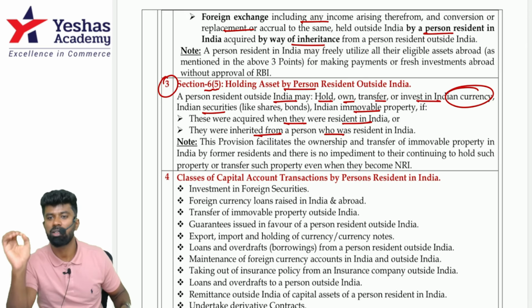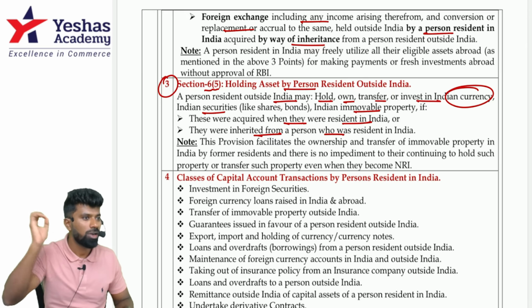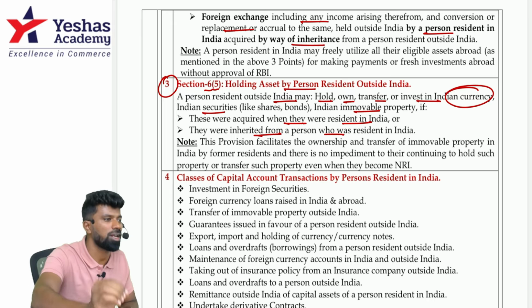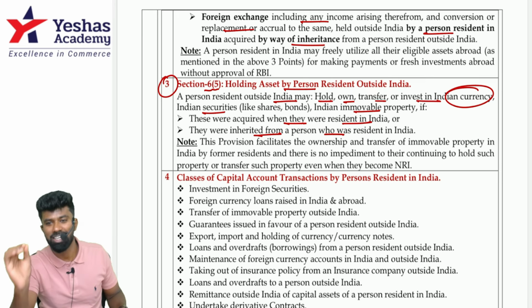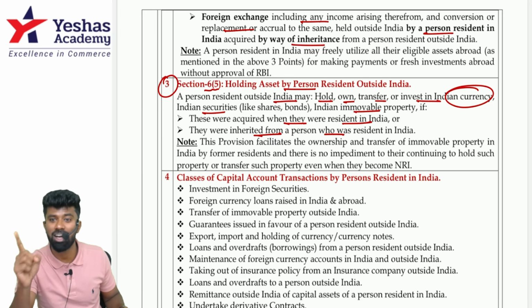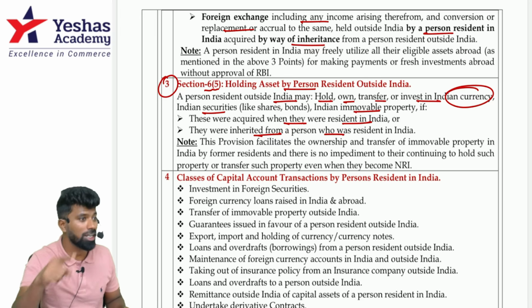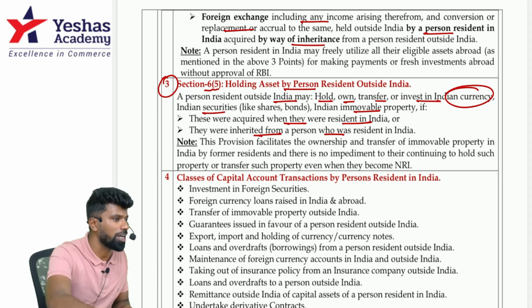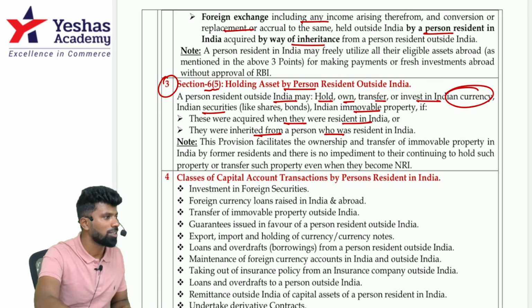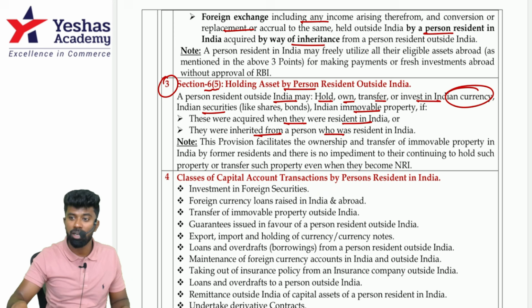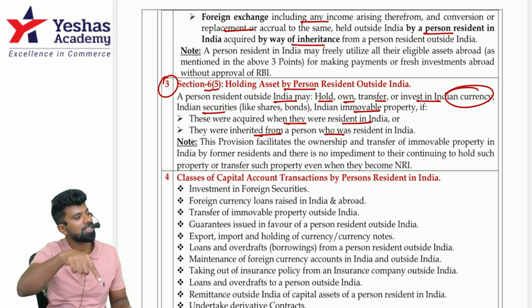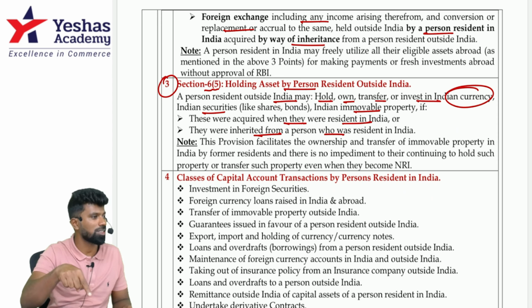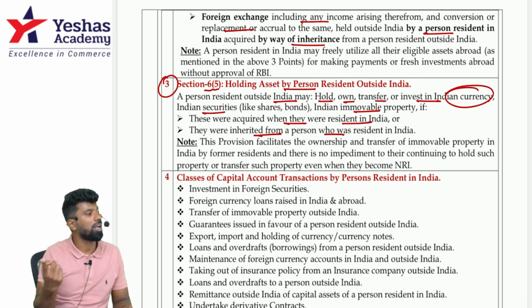What transaction? Capital account transaction. What is capital account transaction? Any transaction other than a current account transaction which alters the assets or liabilities, including contingent liabilities, of a person resident in India, where outside India, or assets or liabilities in India of a person resident outside India.